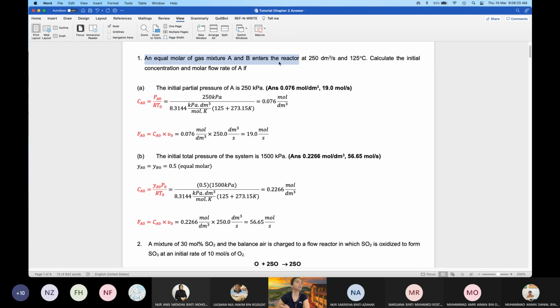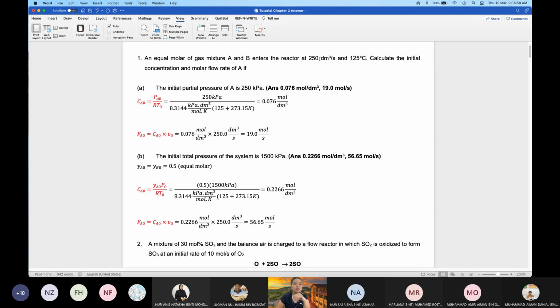Next, they say it enters the reactor at 250 dm cube per second. When you see the number and the unit, it's important for you to know what that means. From the unit, you know dm cube is volume, second is time. So volume per time is volumetric flow rate.